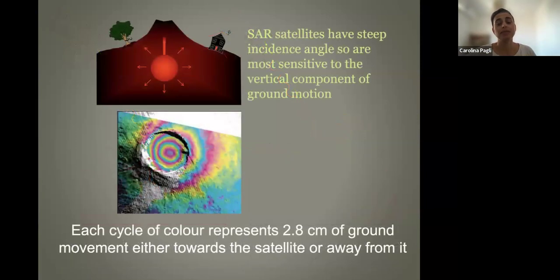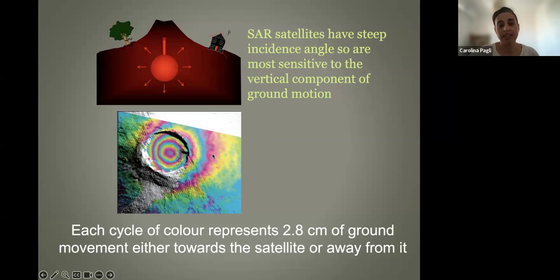And so how do these interferograms look? They look very colorful, because the ground motion measured by the satellite is displayed as continuous cycles of color. For instance, let's take one cycle of color from blue to green to yellow to pink.